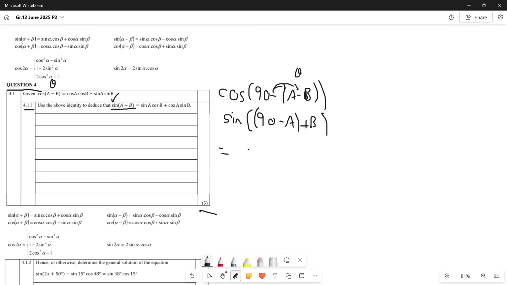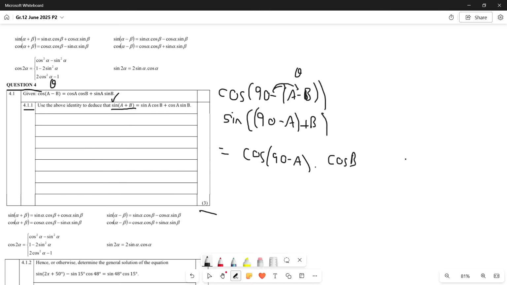So what that means is cos, wherever the A used to live, we have to go cos(90 minus A). Because A used to live there, but now we are repackaging the cofunction where A now lives. So cos(90 minus A), this B we're just going to distribute normally, so it means we have cos B over here.